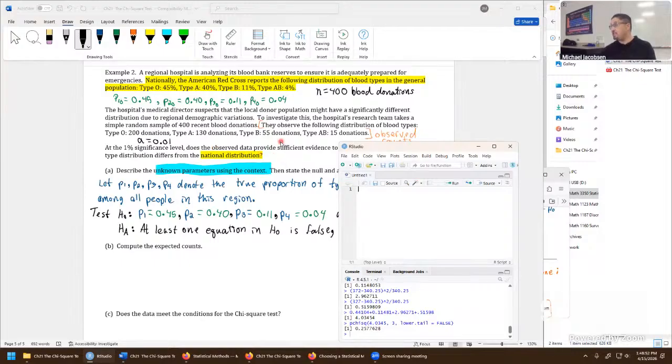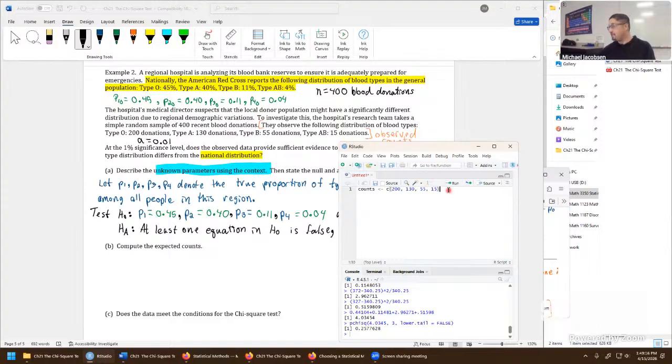First thing we have to put down is the observed counts. So let's go counts, gets, c to combine in a parenthesis, and definitely keep everything in the same exact order. Start with type O, 200, 130, 55, 15. So we have our counts. Let's double check those values.